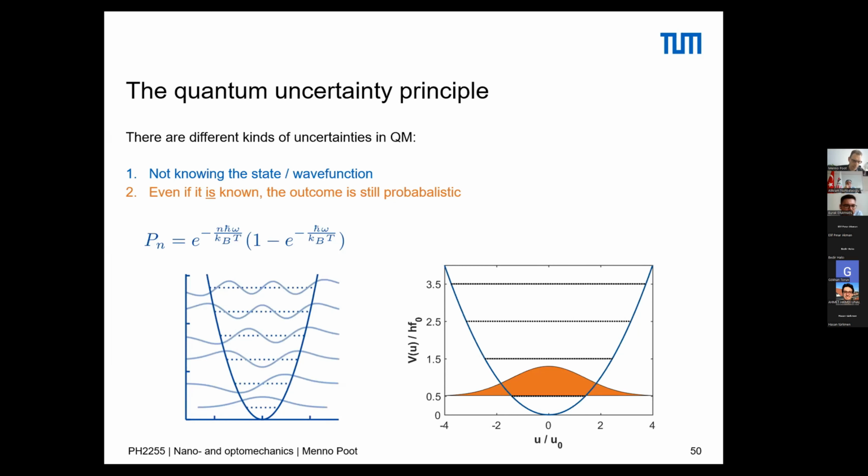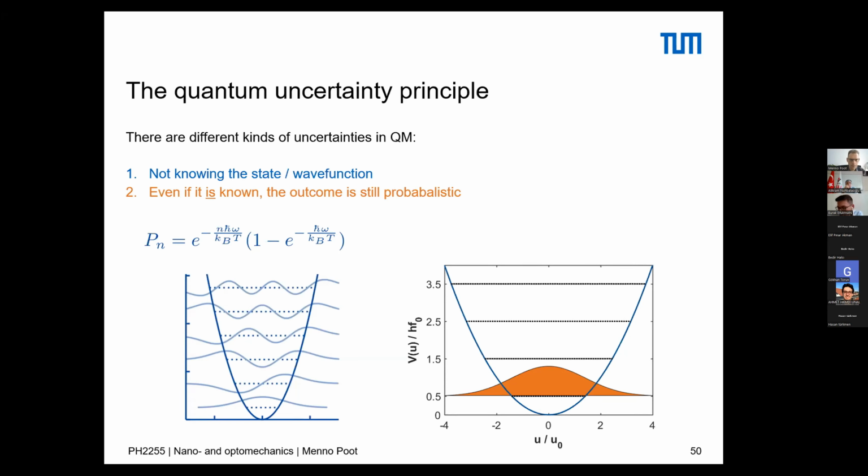We already talked about the ground state at the bottom, but there are also all these higher states. If we now have a finite temperature, then there is going to be a probability that each of these states is occupied. And we don't know beforehand, without looking, which one it is. So that is our ignorance. We don't always know what the state or the wave function is.